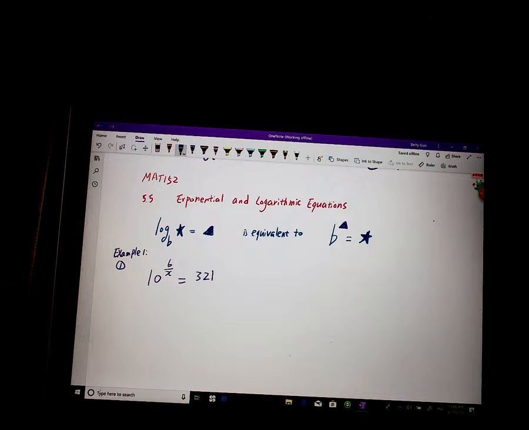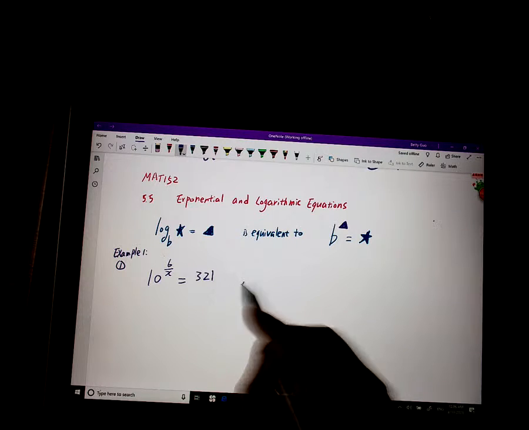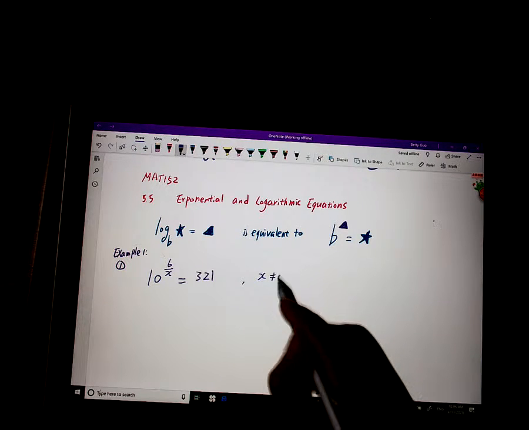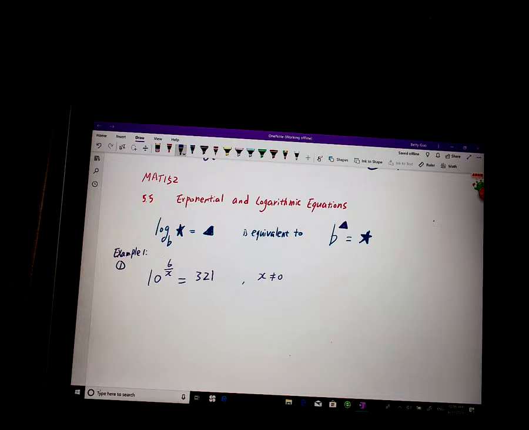Let me double check. 10 to the power of 6 over x equals 321. Here, x is non-zero. Obviously, x has to be non-zero because x is the denominator of the exponent on the shoulder of 10. Denominator can never be 0, right? We know that.